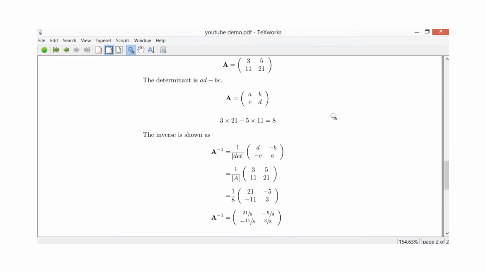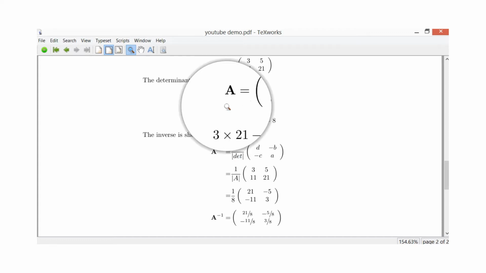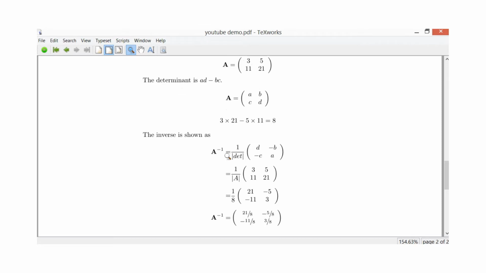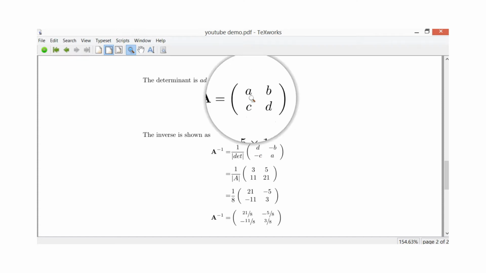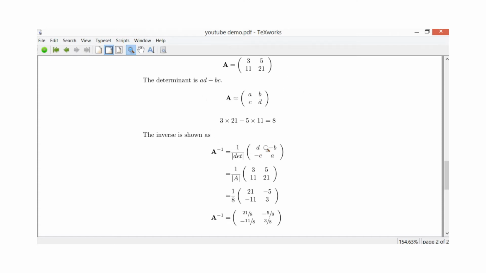So now the inverse of a matrix. The matrix A is in capital A, but the inverse, pretty similar to what you would write in normal algebra, is capital A to the power of minus 1, or A minus 1. That equals 1 divided by the determinant, times the matrix broken up into A, B, C, D. What happens is the A and the D values, you flip them round.